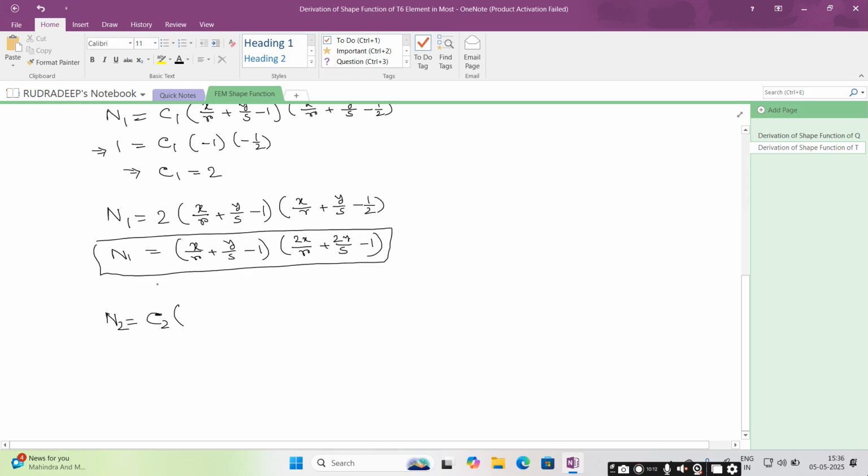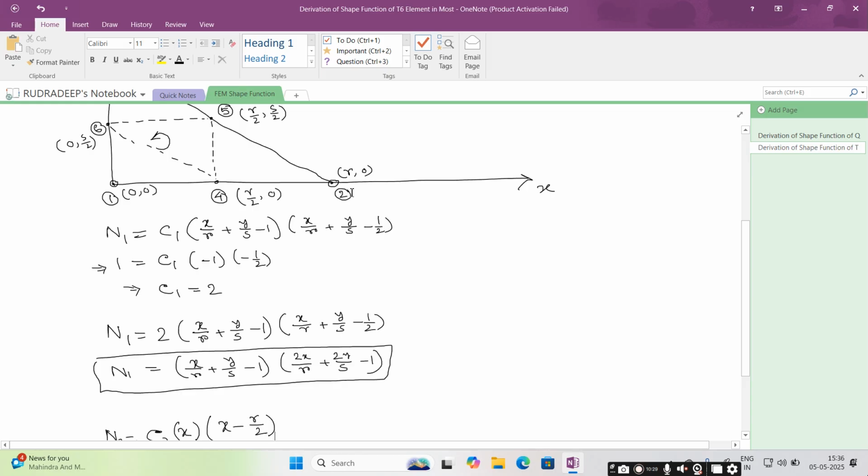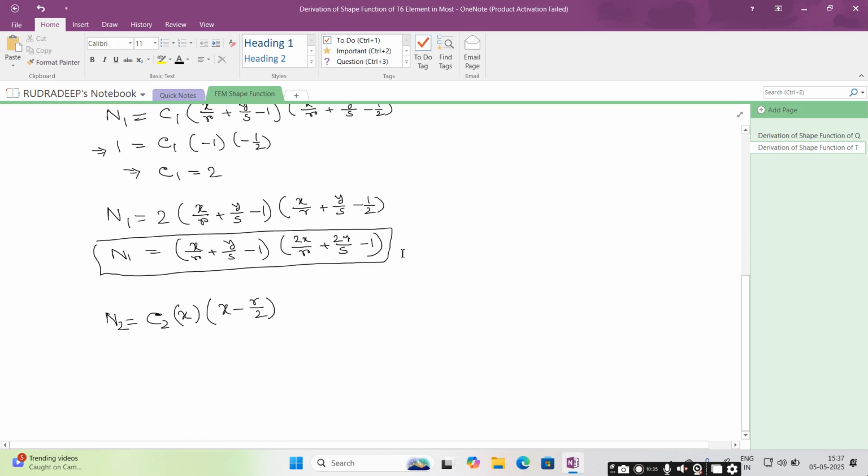One is x equal to 0, so it would be simply x, and the other one is x equal to r by 2. And what is the coordinate of point 2? That is r, 0. At the r, 0 point, the value of N2 should be 1. From there we can calculate the value of c2. So the x value is here r by 2.